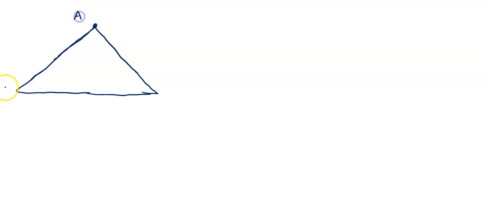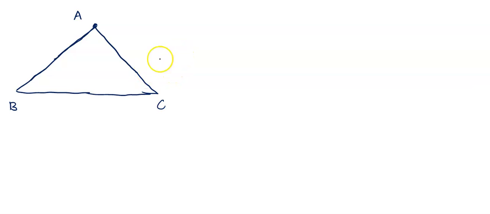So the question says that there is an equilateral triangle again. Here we have an equilateral triangle, and these are the vertices A, B, C. They have given the charges.